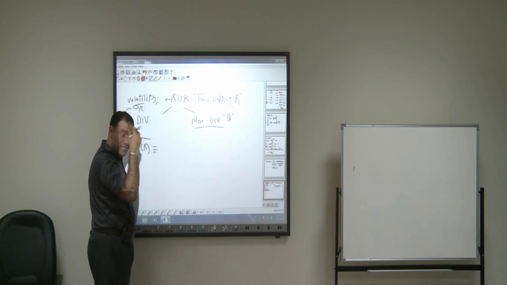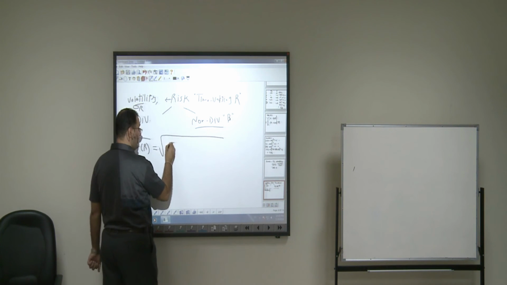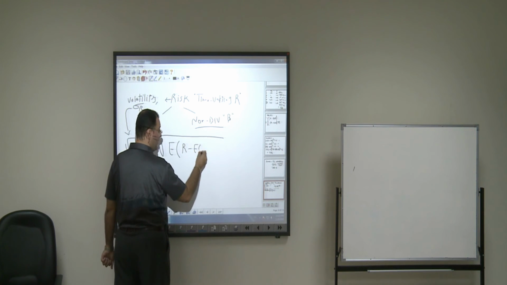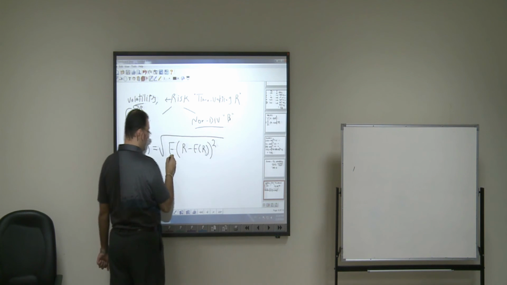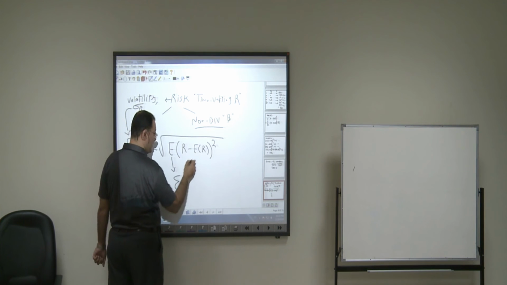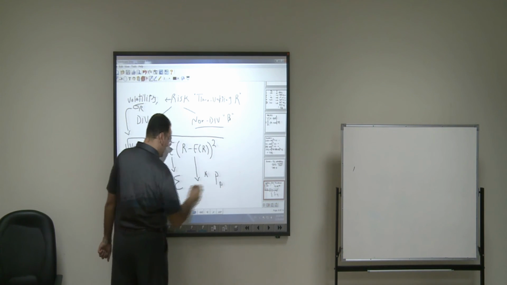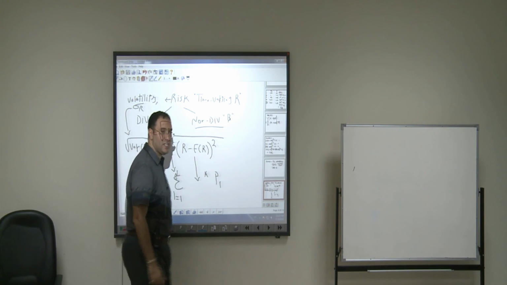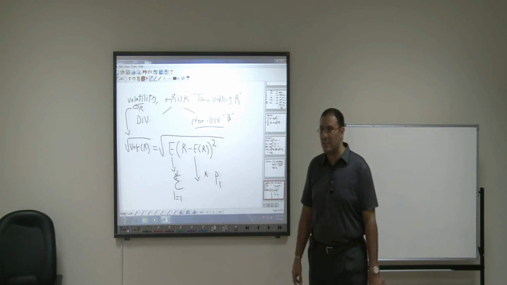It's the expected value of R minus the expected value of R, squared. And the expected value is always going to be a sum of this much times pi, as i goes from 1 to n. You see what I'm driving at?